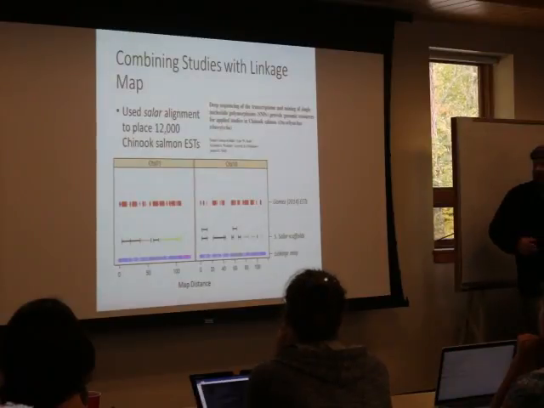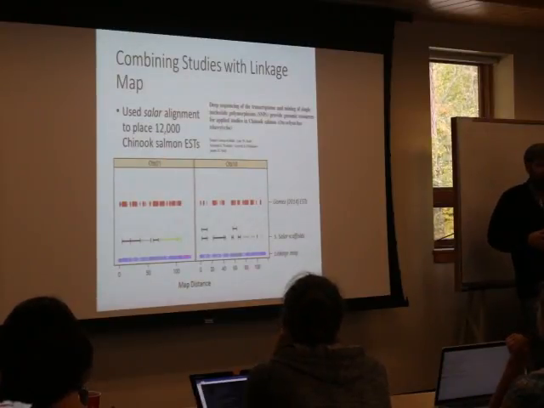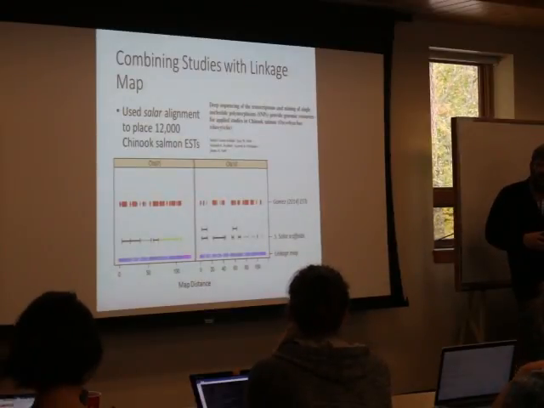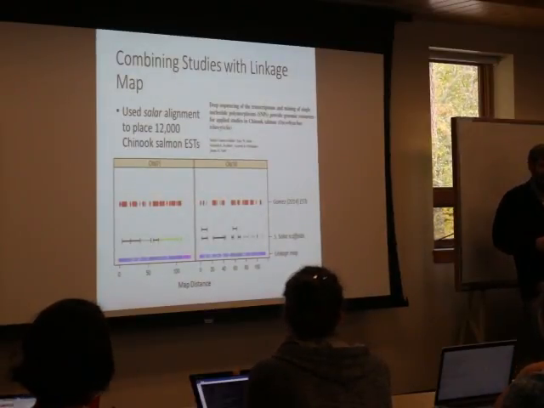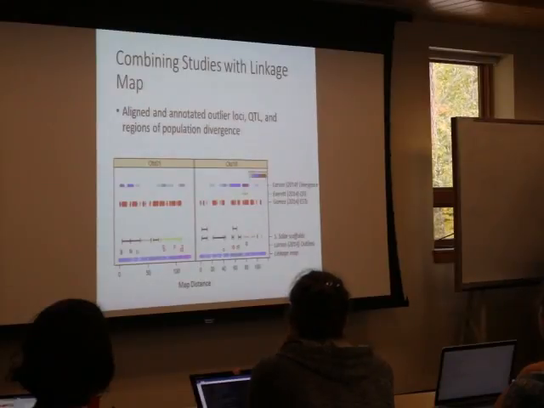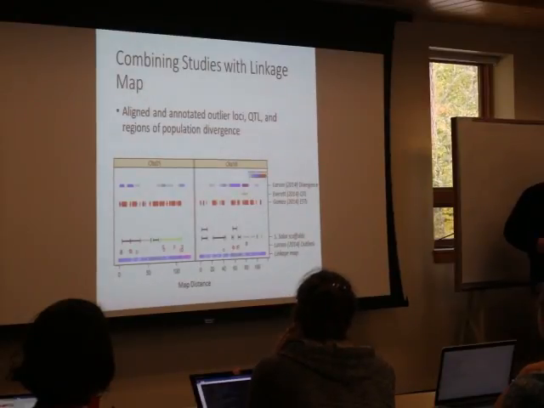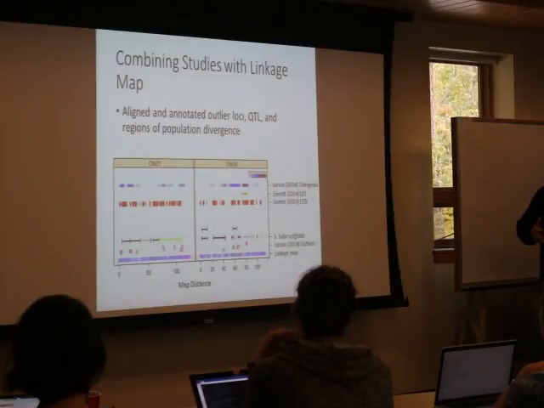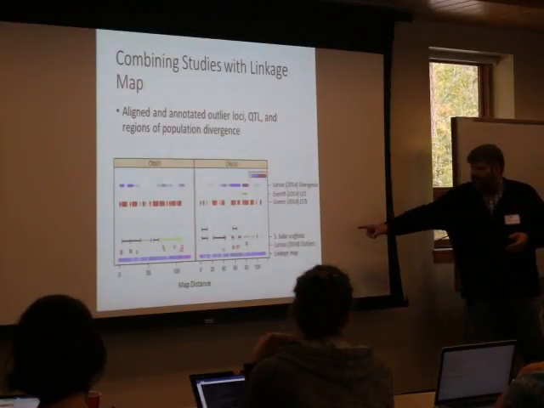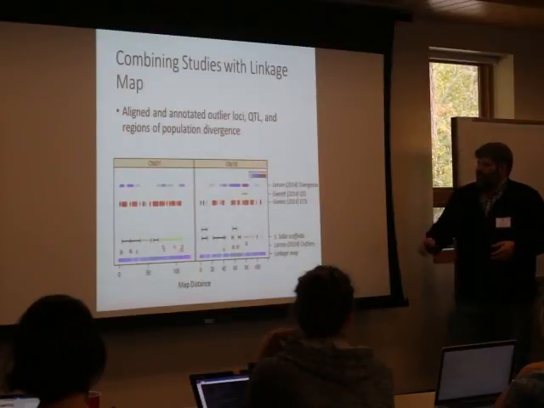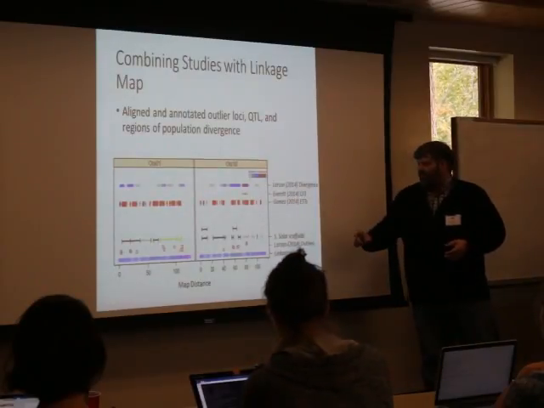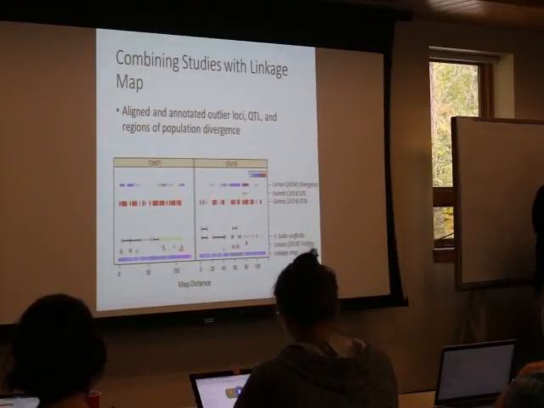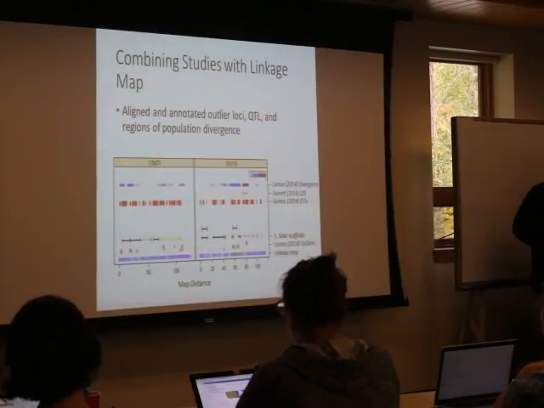I also added transcriptome sequence from another Chinook salmon study by aligning directly to the genome and also to the linkage map to help provide annotation information. And then what we were really interested in was aligning resources from other studies: outlier loci from populations up in Alaska, regions of elevated population divergence, and QTL for thermotolerance and other body traits.